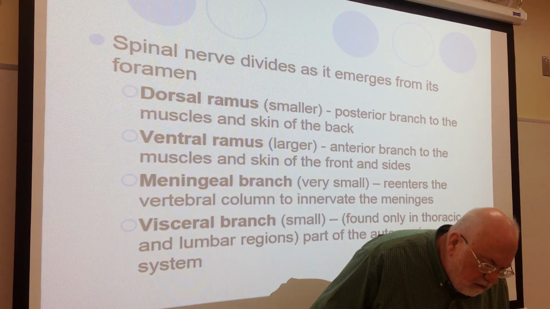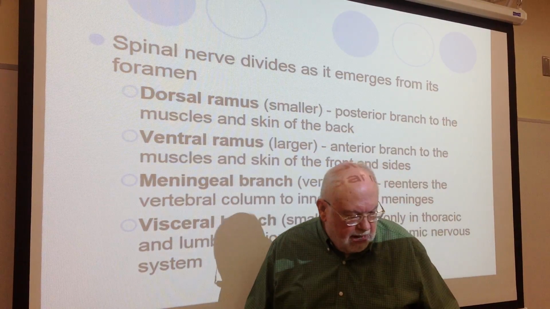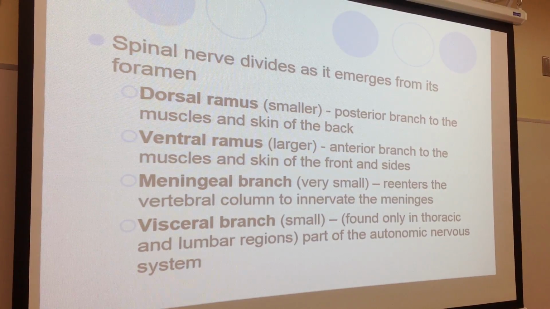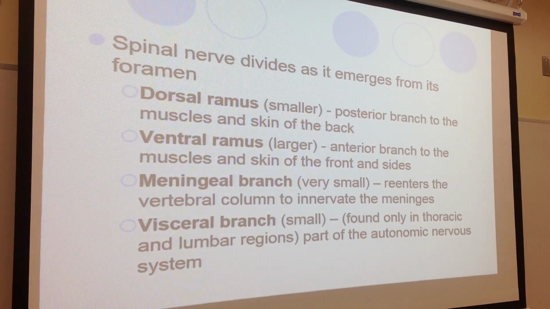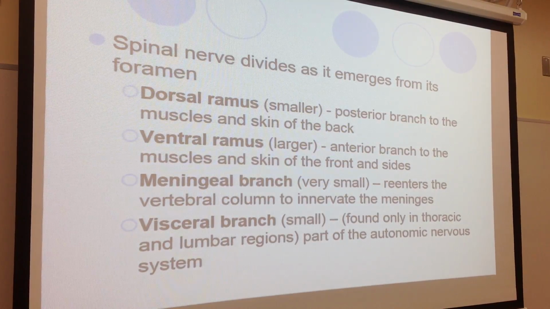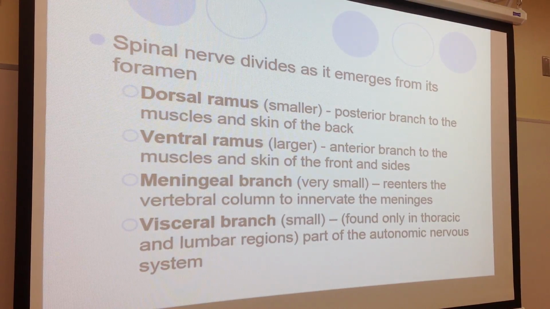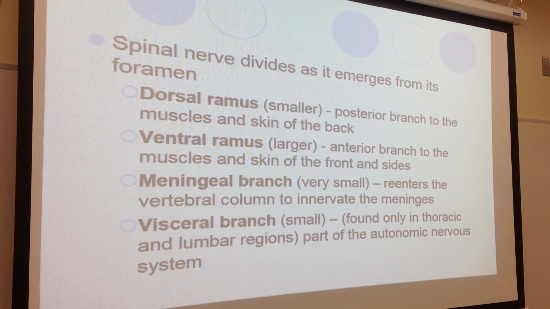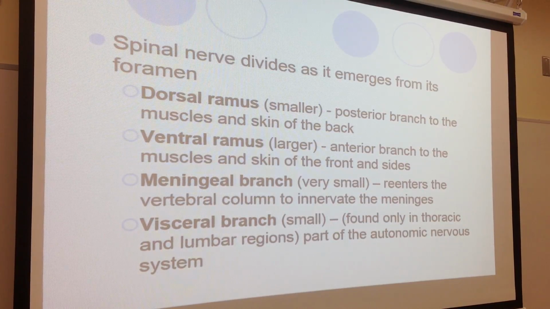Actually, the labeling in the new version is a little better than the older one, but anyhow, it's there. All right, and that is going toward the back. Now this is actually where it just emerges from the vertebral canal. So there will be a small branch that goes toward the back, that's the dorsal ramus, which is this thing right here, all right?